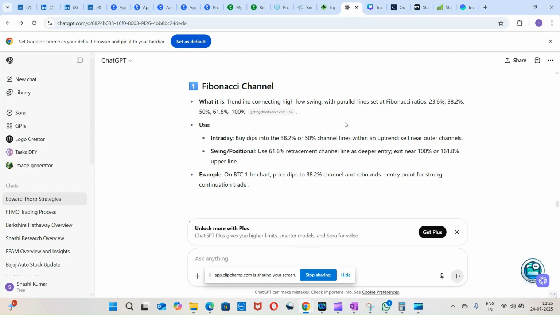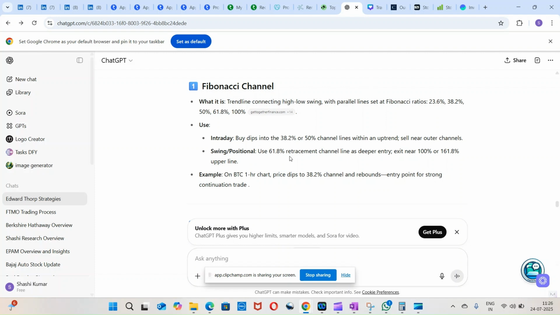That can happen from 38.2% or 50%. So you buy the dip at 38.2 or 50%, and you sell at 100%, or 78%, or 61% depending on your risk reward ratio.